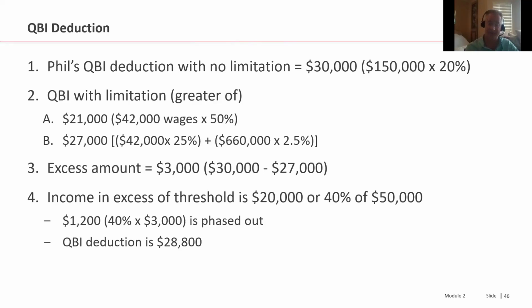So 40% of the excess is phased out. That's 1,200 of that 3,000 excess is phased out, which means his QBI deduction is the 30,000 with no limitation, less his phase out of 1,200, or 28.8. Wow, that's pretty complicated.